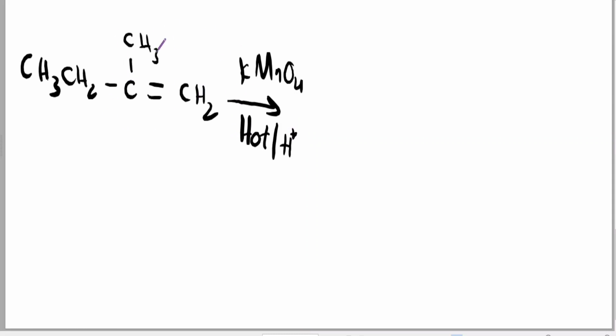And when this happens, when it undergoes strong oxidation, the double bond would split. The double bond splits and you get two different compounds. Now, I have a CH2 that has a double bond. So one product is CO2. The right side is CO2. What is the left side?